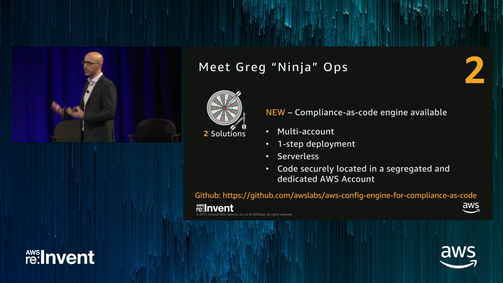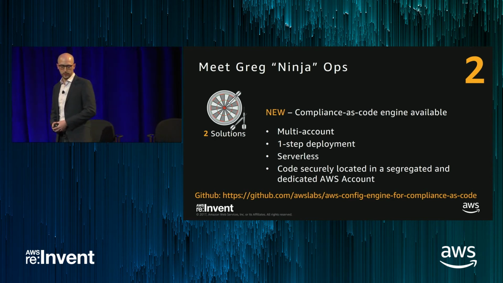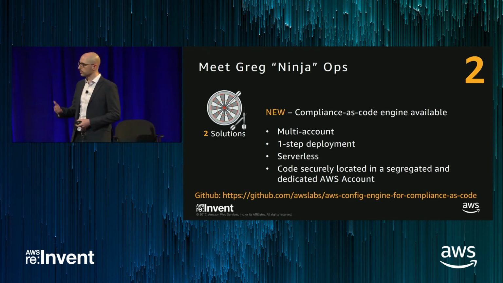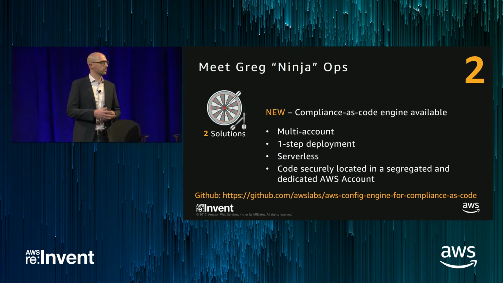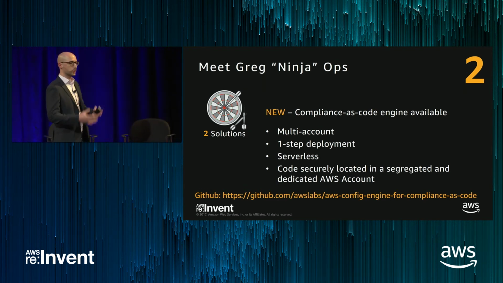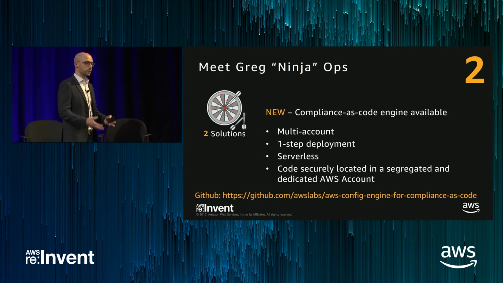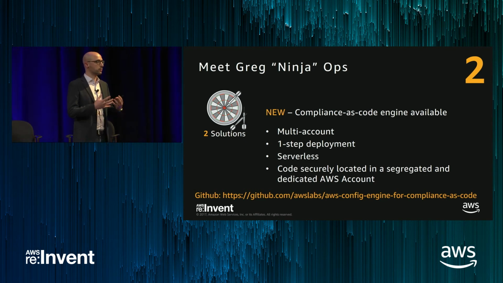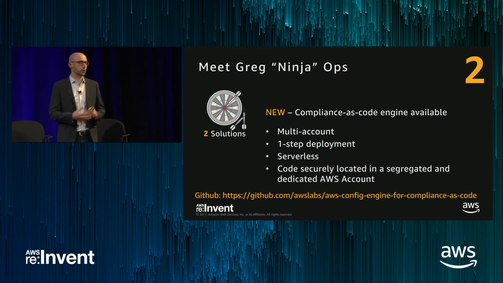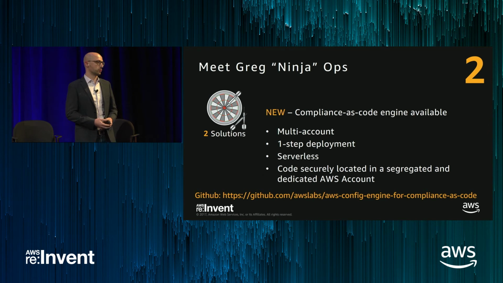So we created a one-step deployment process. It is serverless to make Greg's life easy. And finally, it secures the code in order to make sure it has integrity over time. It's put into a compliance AWS account, which is dedicated for the compliance team to build new rules and protect the code.